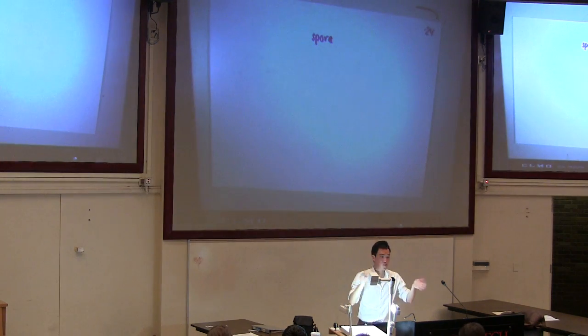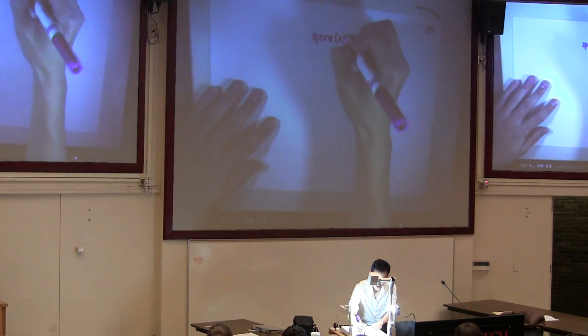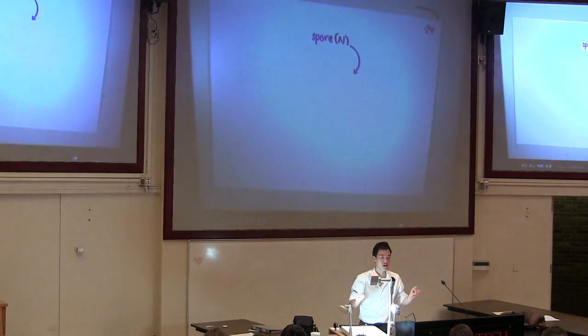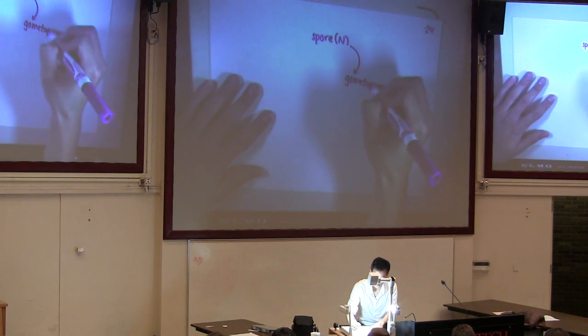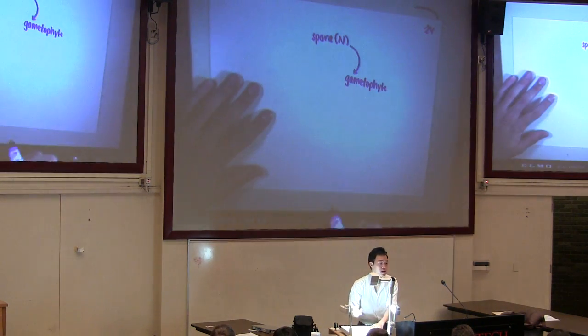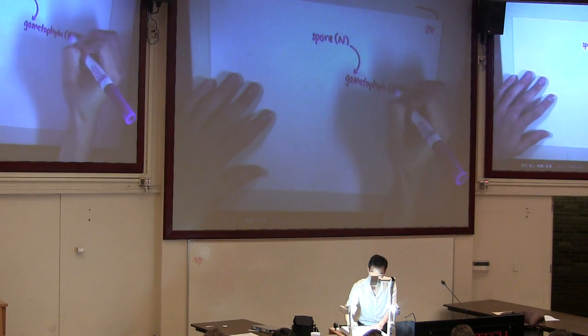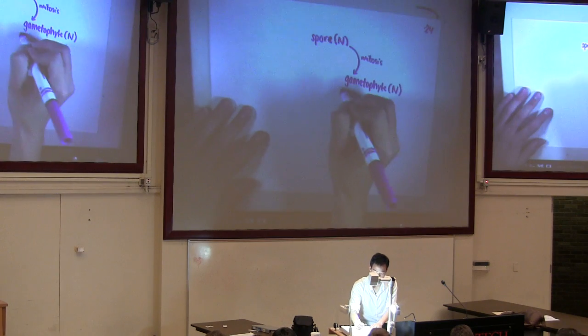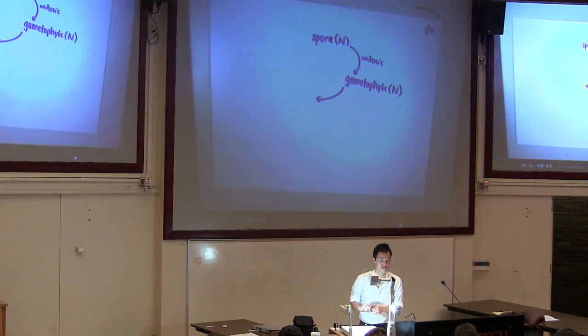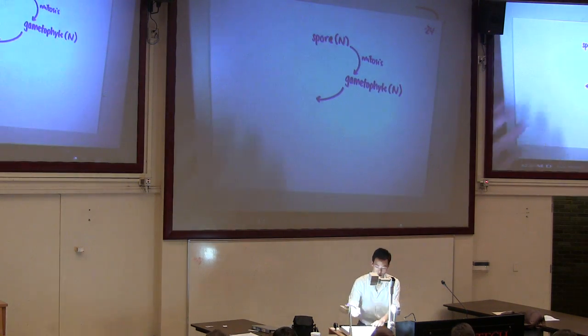Okay? So spore is haploid or diploid? Haploid. The spore develops into the gametophyte. Haploid or diploid? Haploid. So this is mitosis. The gametophyte produces what?